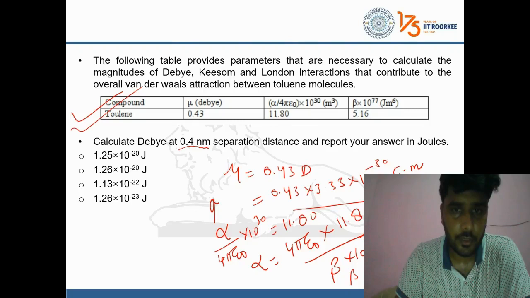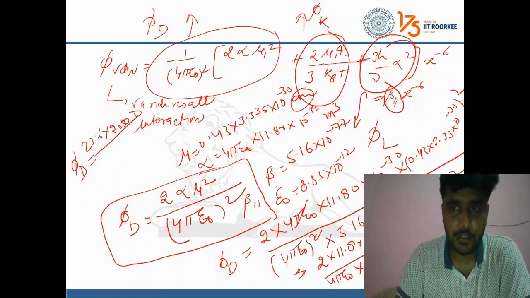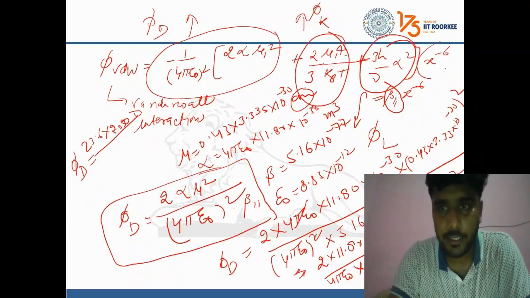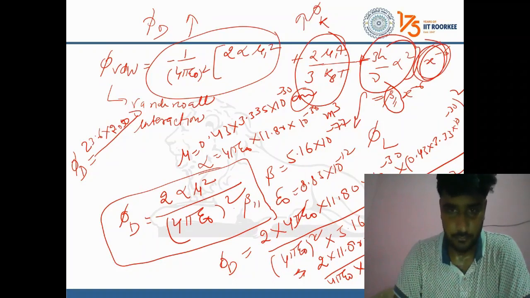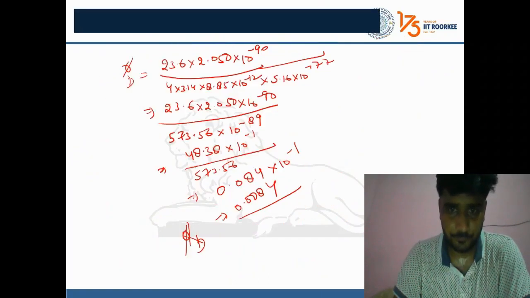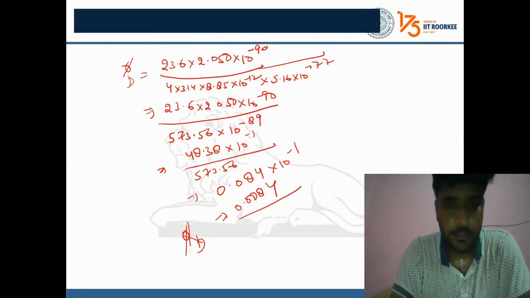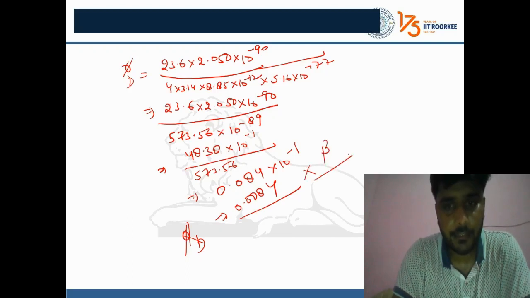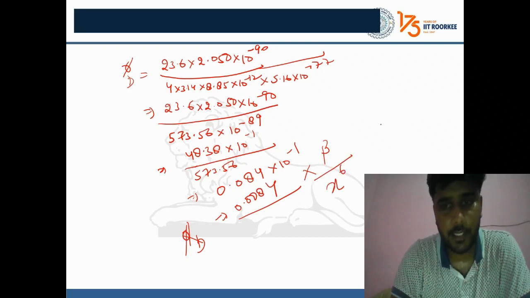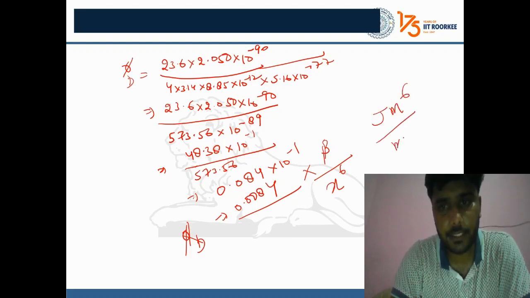So as you know in the beginning, here you can say this is the separation distance. Okay, this factor does not have any unit, so if I multiply by beta divide by the separation 6, I think there will be no impact on the unit, that is joule meter 6 divided by meter 6.